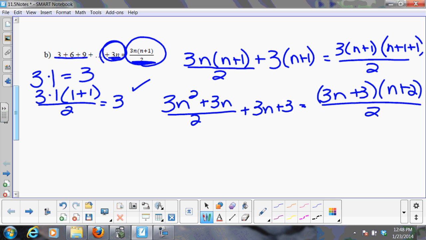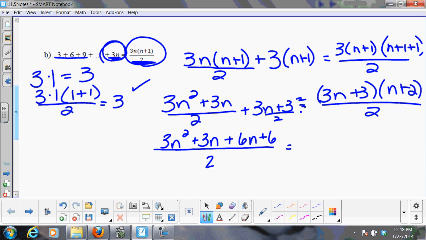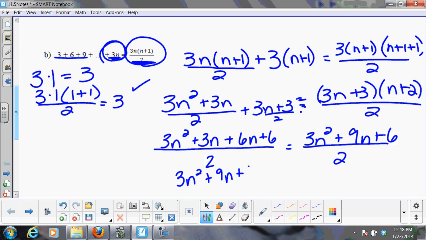On the left side, I need a common denominator of 2. See, we get plus 6n plus 6. And on this side is going to be a FOIL, 3n squared plus 9n plus 6. I just need to simplify the left side, and they are equal, which means that this does work.